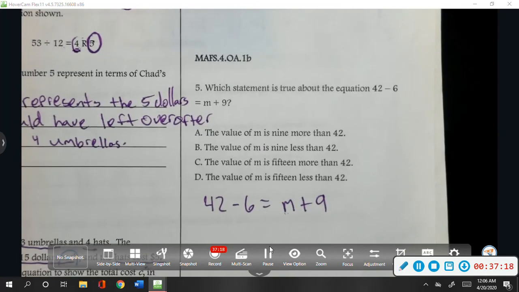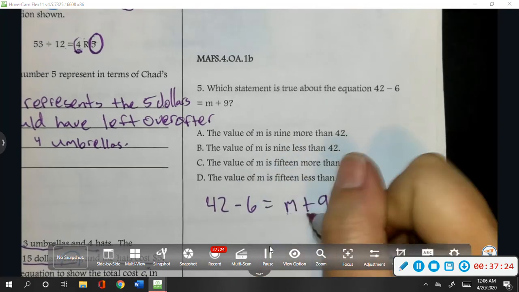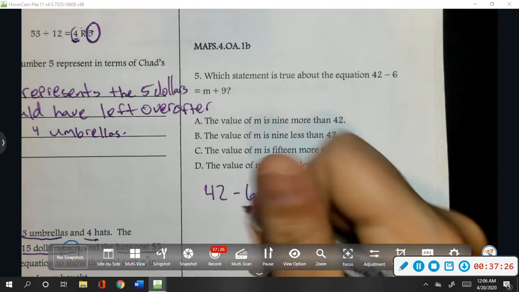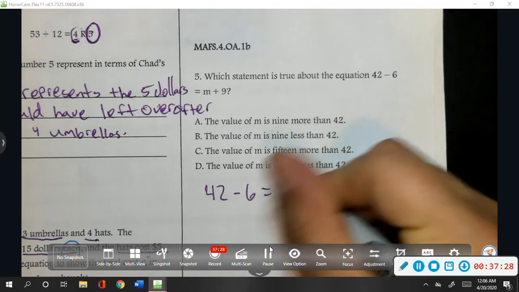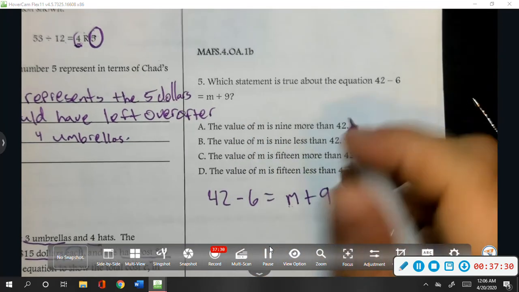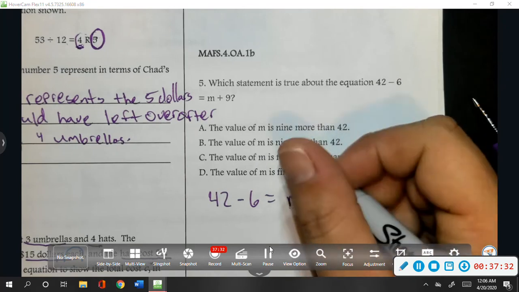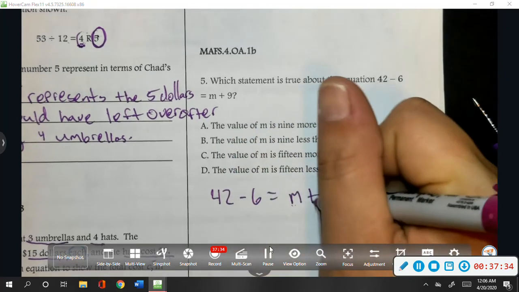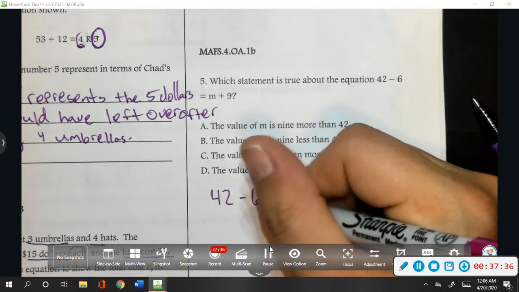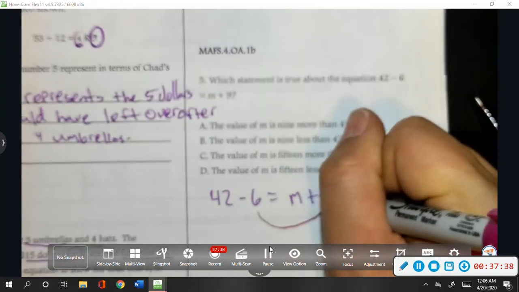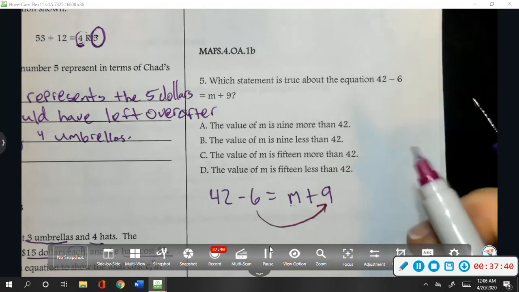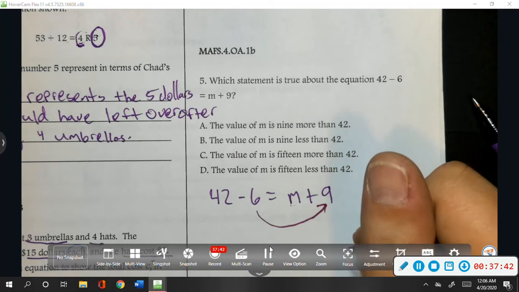Now when we're trying to find unknowns, if you remember what I told you before, we take the opposite, the inverse operation, and try to get this m by itself. Y'all know I struggled with this. We all struggled with this.